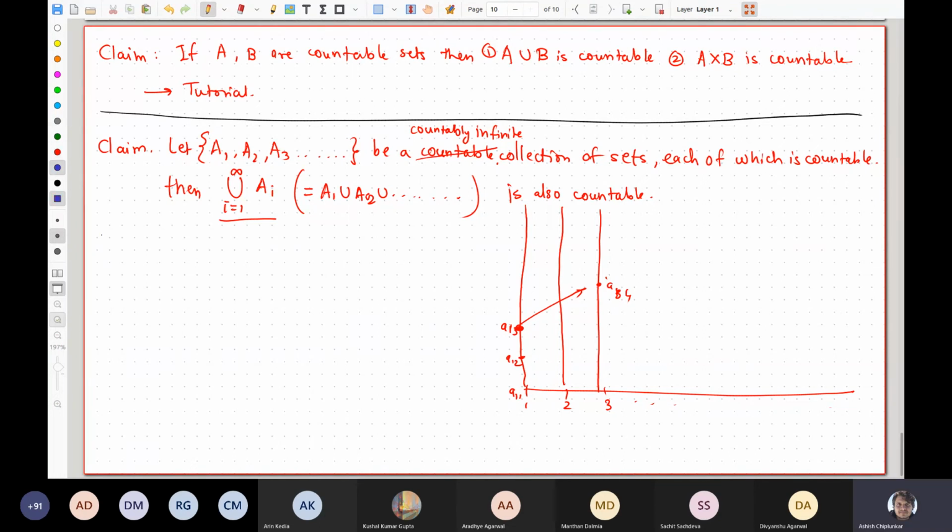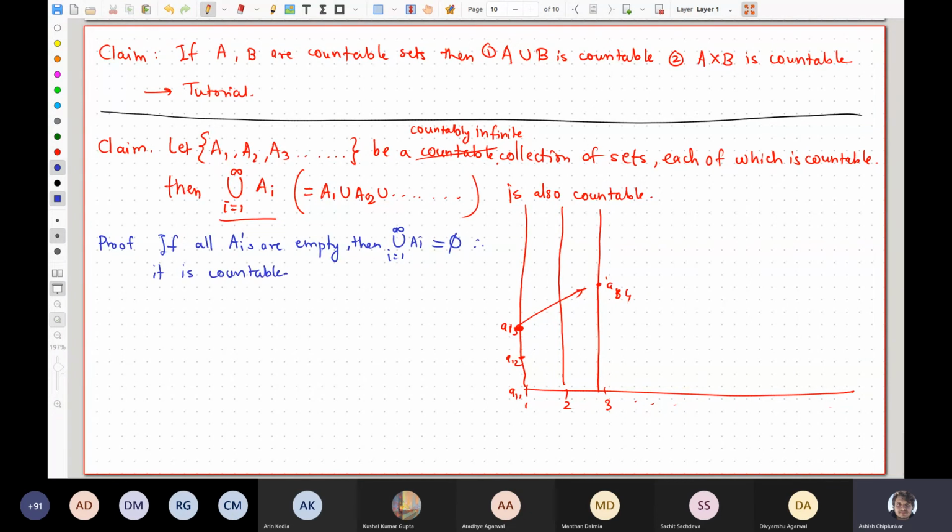Proof. If all Ai are empty, then the union over i going from 1 to infinity is equal to the empty set, and therefore it is countable.